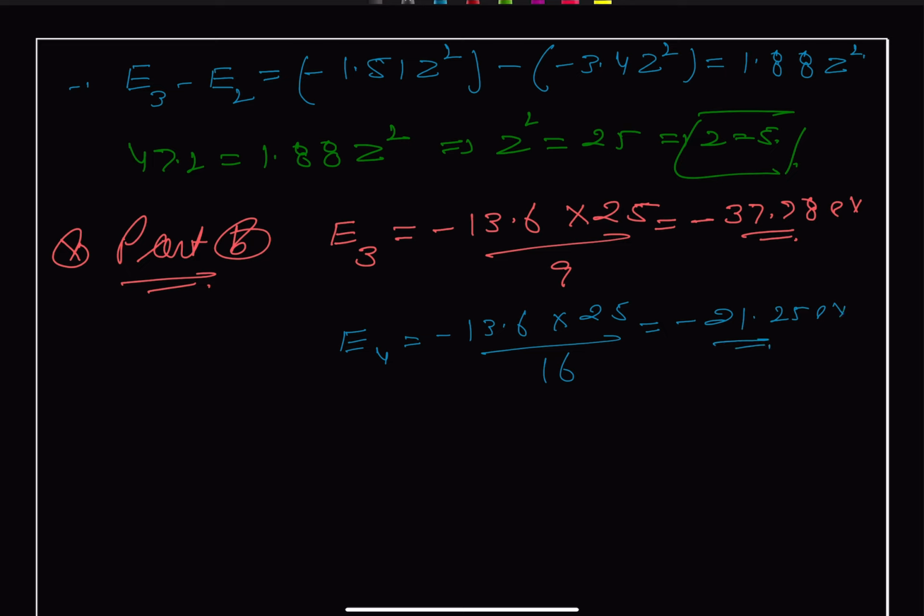Now we require to find out the difference, that is E4 minus E3, which will be equal to minus 21.25 minus of minus 37.78. This gives us 16.53 electron volt. So this was our part B.